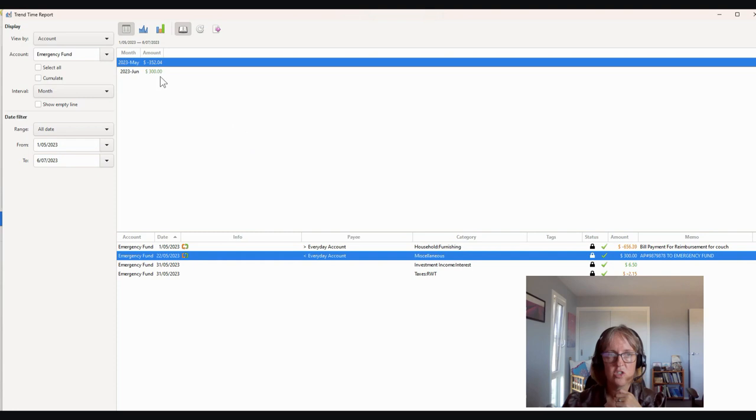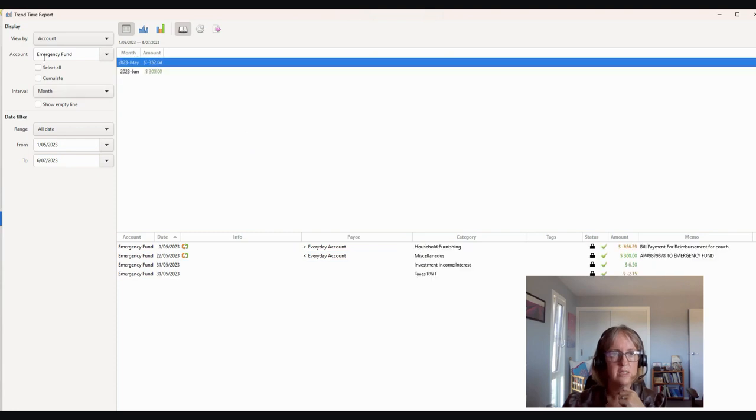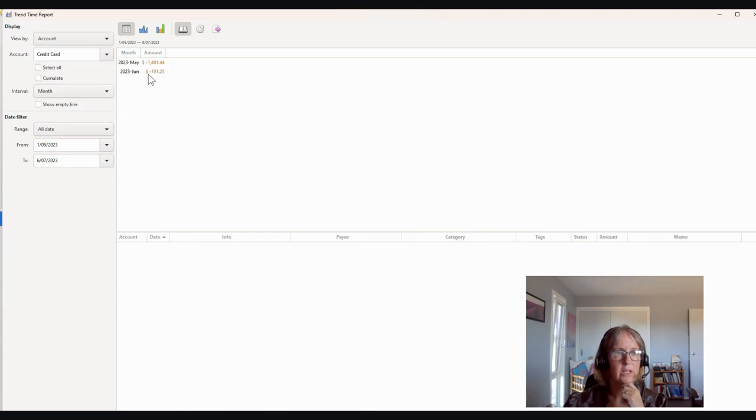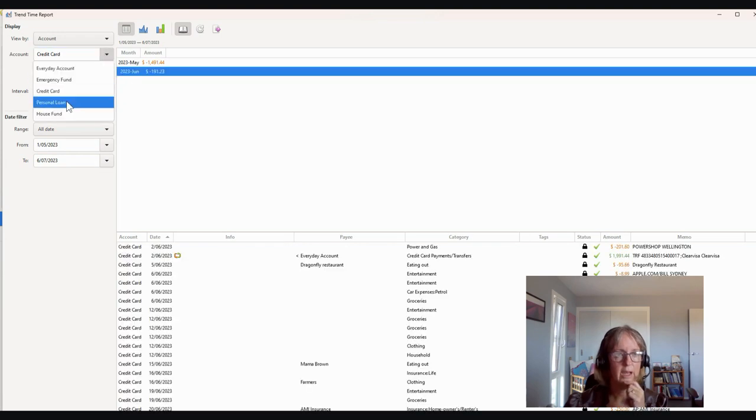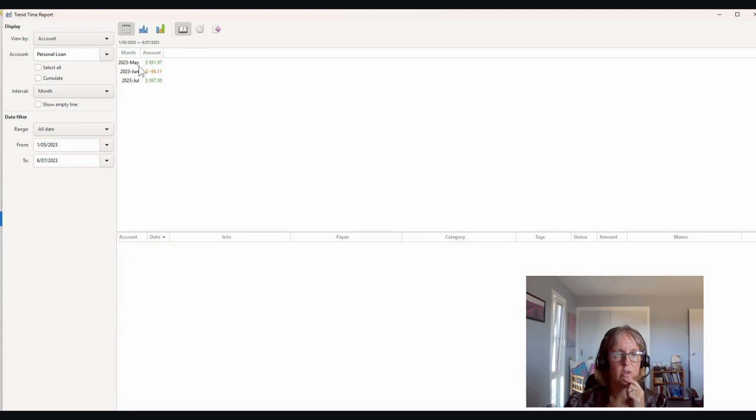So this just shows you their net movement in the emergency fund was $352. Then we go down and see their credit card. It's good to see that their credit card was a lot lower in June than it was in May. And then we can look at their personal loan and their house fund. So that's what you do for the trend time report.